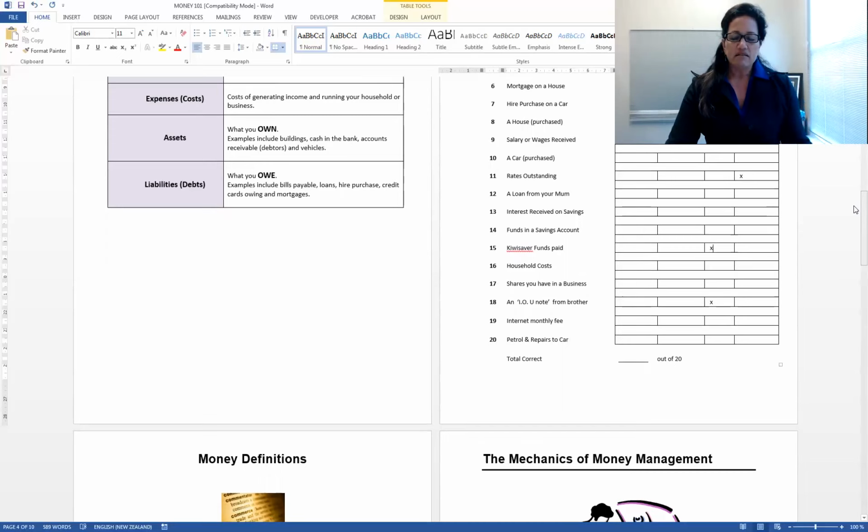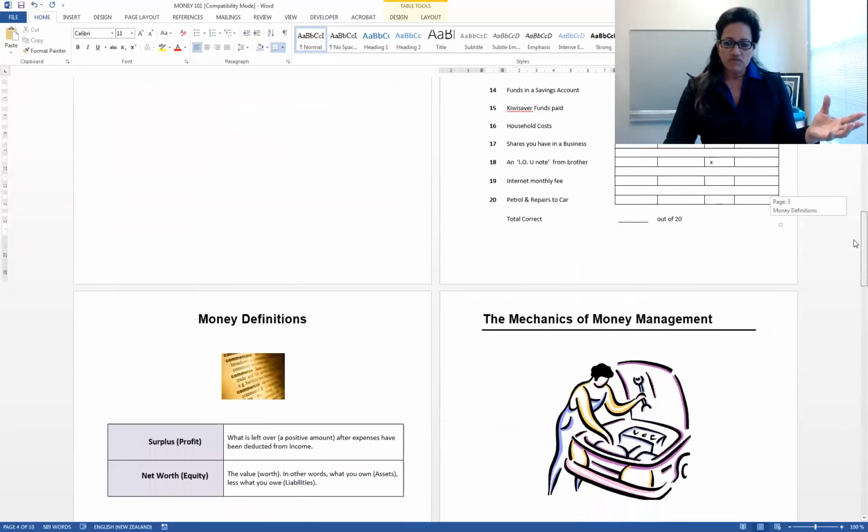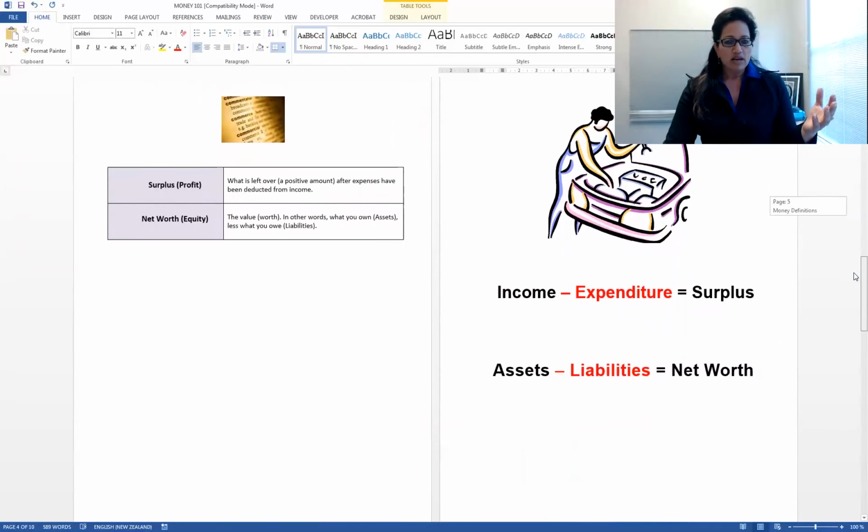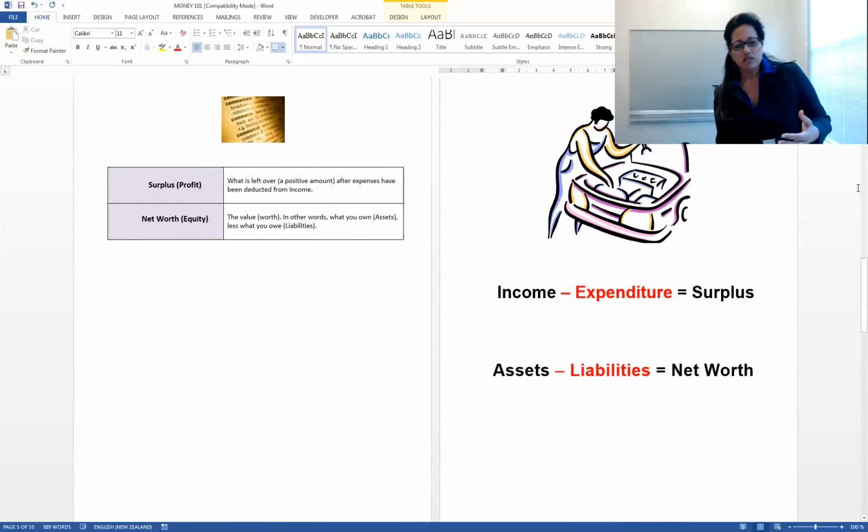Let's go now to the next part of our webinar, which is talking about money equations. So we need to understand the jargon, which is what we've done and you're starting to confirm more. Let's move on to the next part of the webinar, which is about now putting that jargon into two equations.